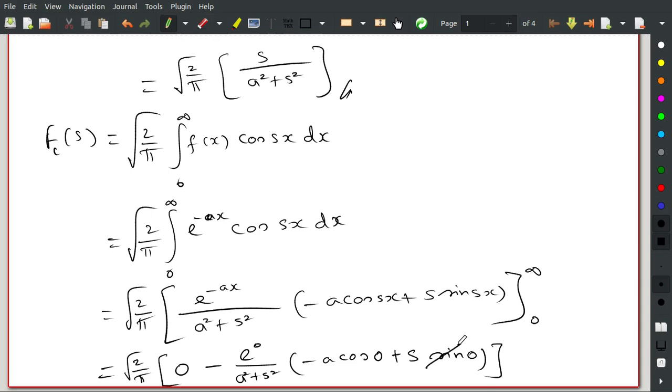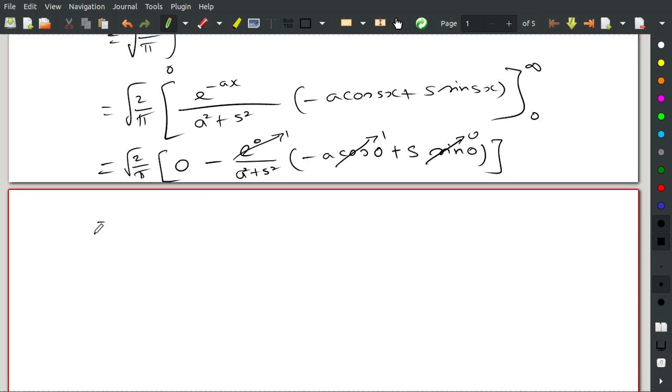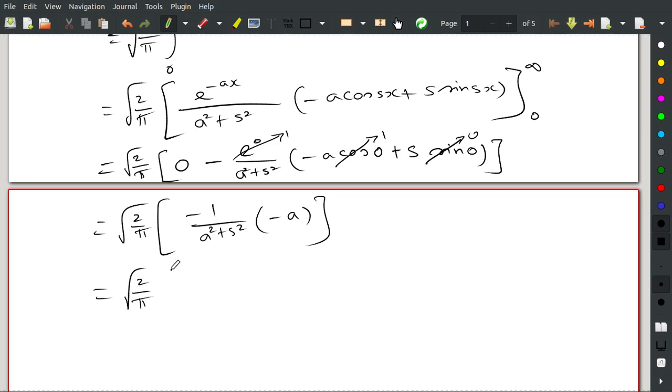And sine 0 is 0, cos 0 is 1 and e power 0 is 1, therefore we have root 2 by pi of minus 1 divided by a square plus s square into minus a. Therefore the Fourier cosine transform of e power minus ax is root 2 by pi a divided by a square plus s square. Okay, so this is our final answer.